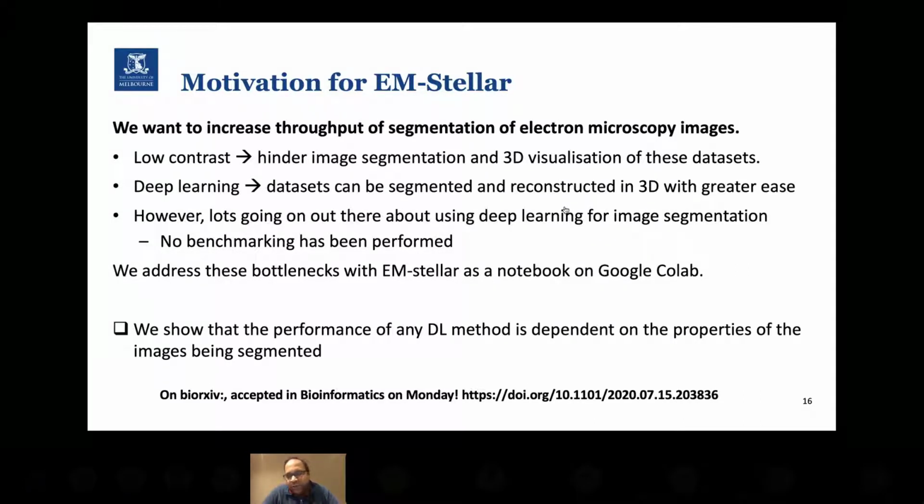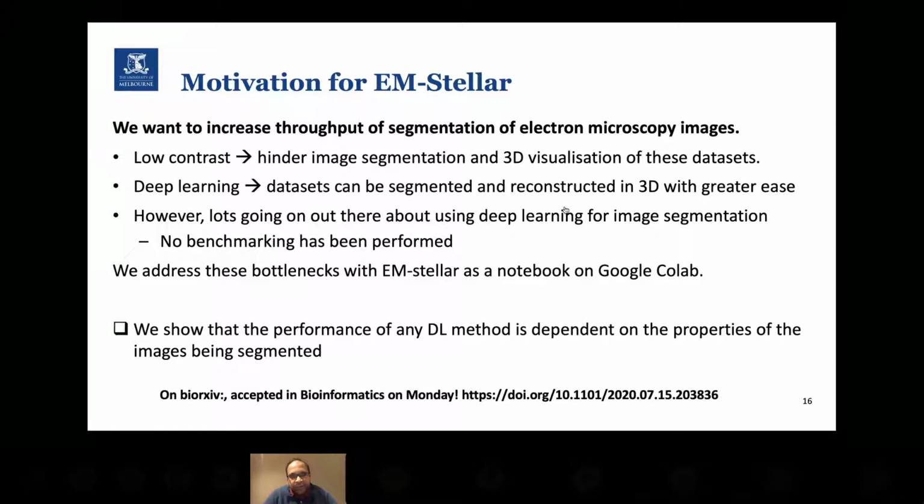So what we really wanted to know is, is there one method out there that we should be using, one state-of-the-art network, or what kind of comparisons have been made already? And we found that there's really not much that's been done out there for benchmarking these algorithms, and to give people an objective view of how good their algorithms are.